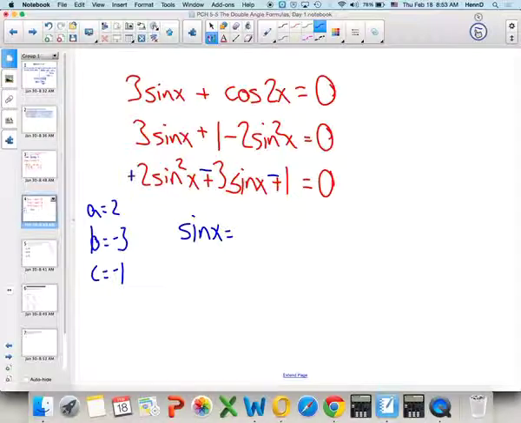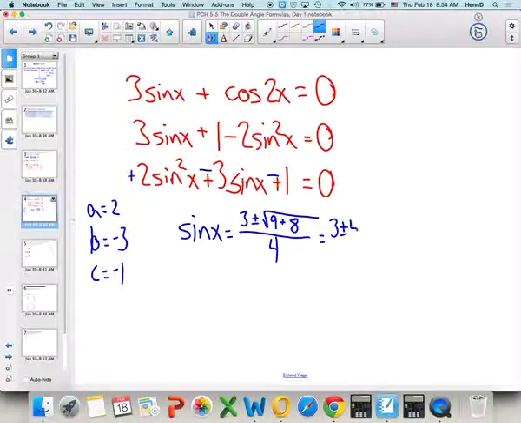So the sine of x is -3, so +3, plus or minus the square root of 3 squared is 9, minus 4 times 2 times -1. So it's minus a negative, so plus 8, all over 2a, so that's 4.